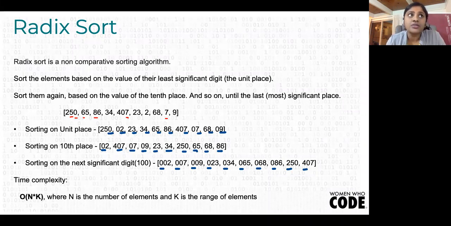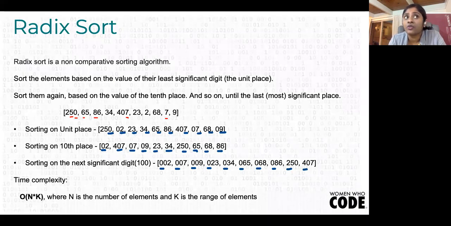Once you sort based on the unit place, you move to the 10th place, and now we see which element is smaller. If there's only one digit, then you add leading zeros to compare it. So here 2 comes first, then 407 comes second, and then 07 comes third.